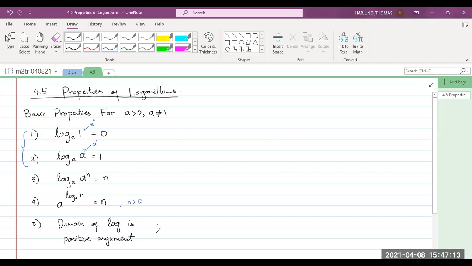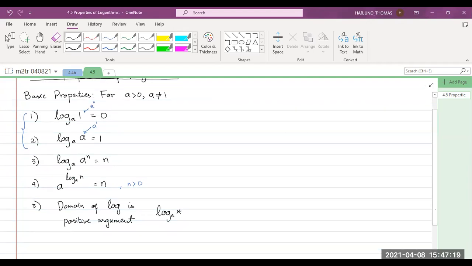In other words, log base a of star can only work when that star is strictly positive. Now, do not underestimate this last property here. I believe I emphasized that also in my lecture, but that is being used to solve the following question.